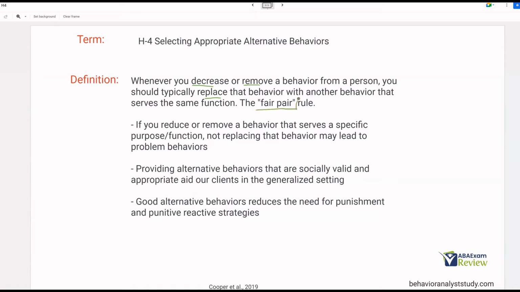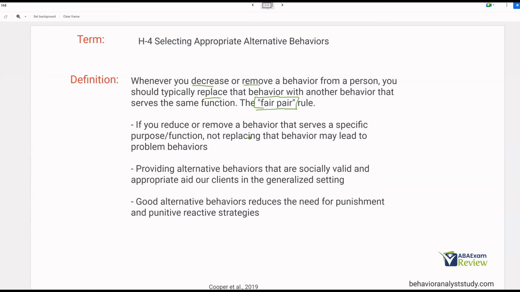So we're thinking about the fair pair rule, where if I remove something from you that you use to gain access to something or get rid of something, I need to do the right thing and give you another way to gain access or get rid of that thing. Because the idea is if we don't, then another behavior may take its place.